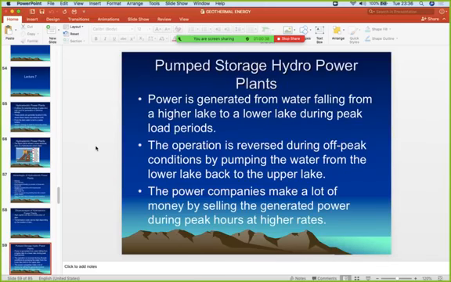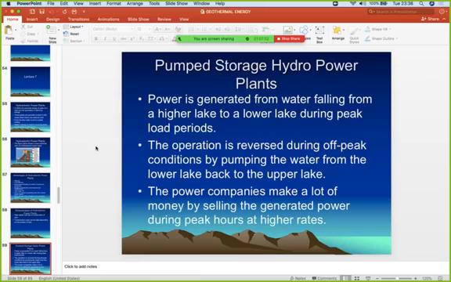So we have pumped storage hydropower plants. Instead of the flowing gravitational water, we need pressurized power generated from water falling from a higher lake to a lower one. The operation is reversed during off-peak conditions by pumping the water from the lower lake back to the upper lake.